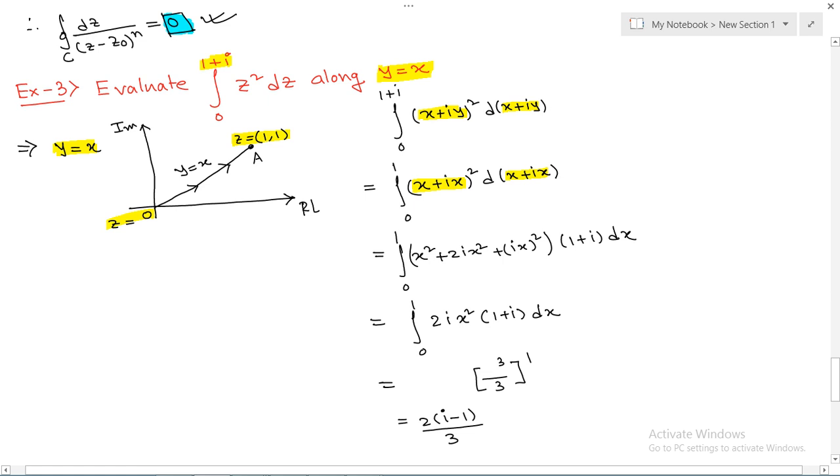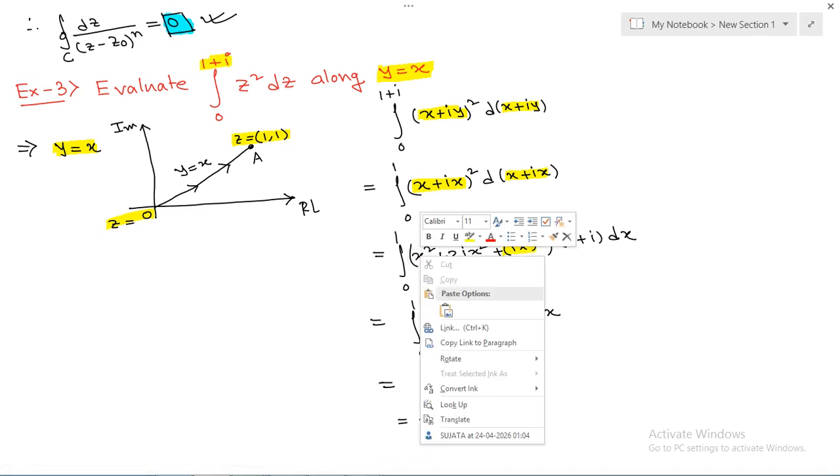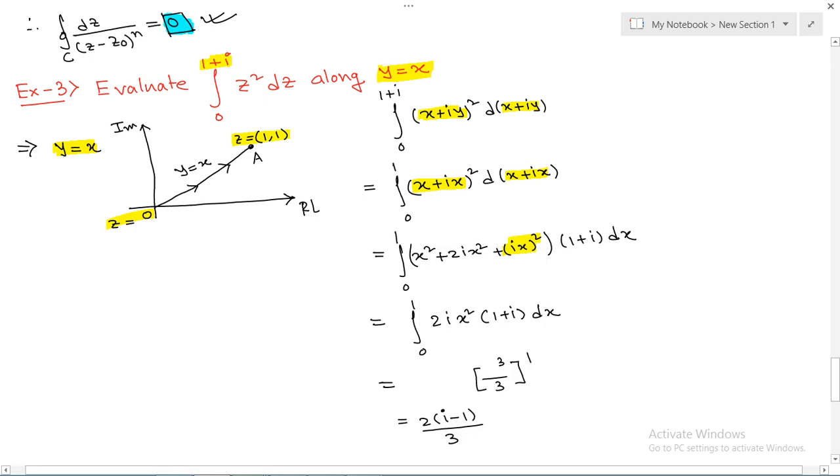Now everyone knows that i square equals minus 1, because it is an imaginary number, i equals root over minus 1. So x square and this (ix) whole square, these two terms basically cancel out from the first bracket part. So we are left with 2i x square along with 1 plus i as the constant.